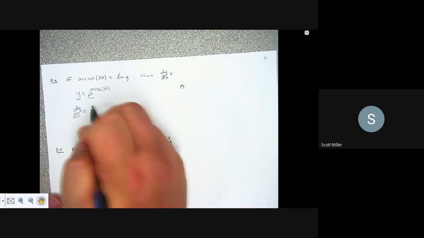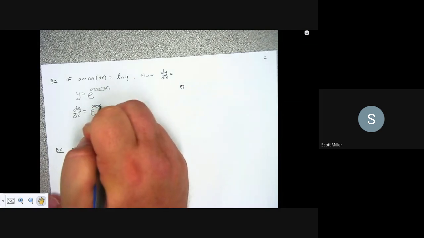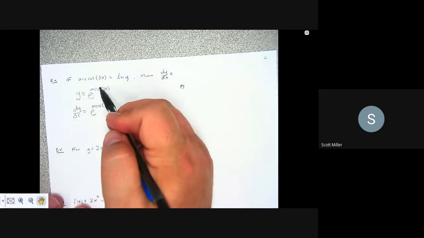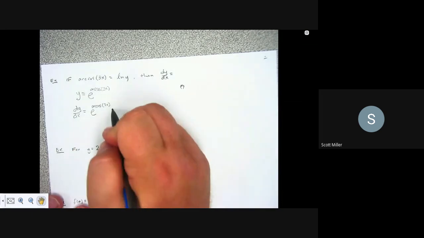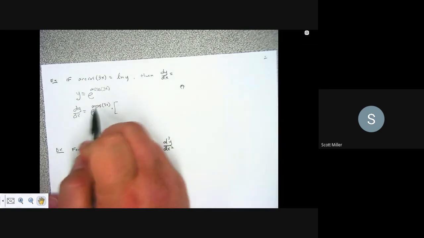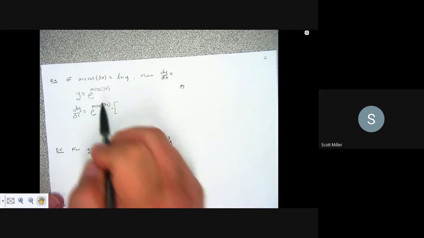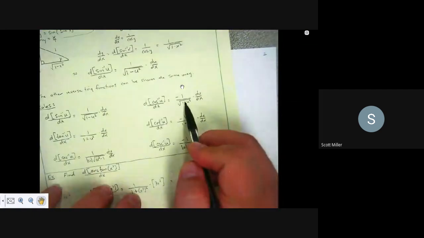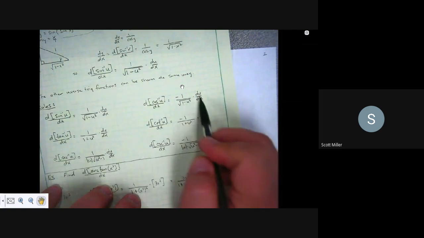So it'll be e to the arccosine of 3x because the derivative of e to the u is e to the u times the derivative of u. So what is the derivative of the arccosine of 3x? Well, we have our formula. Remember, it's just a negative of the arcsine one.